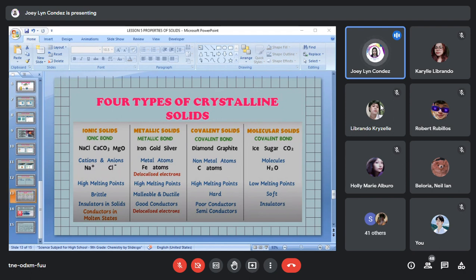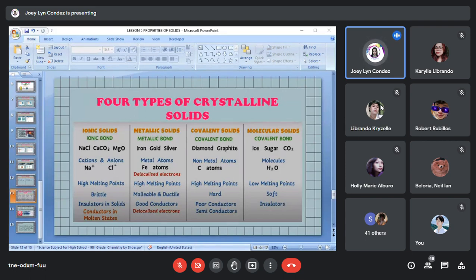Okay, see the differences between molecular solids and ionic solids. Ionic solids are made up of ions. We have cations and anions, both metals and non-metals. Molecular solids are made up of two or more atoms. Okay? Here, let's compare their properties.